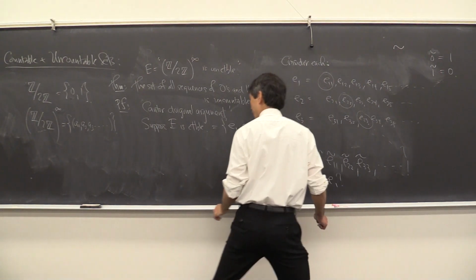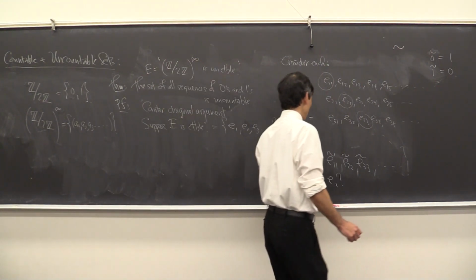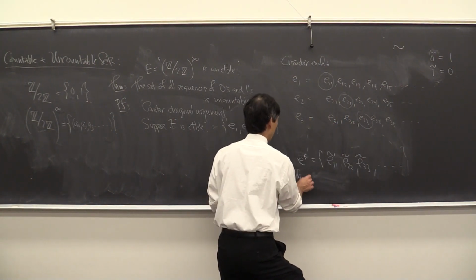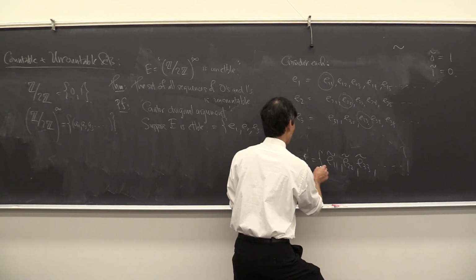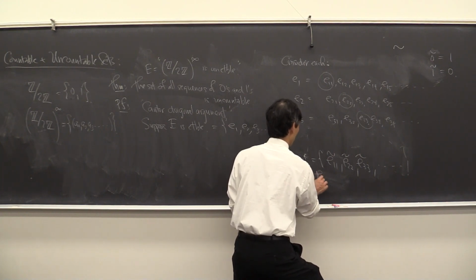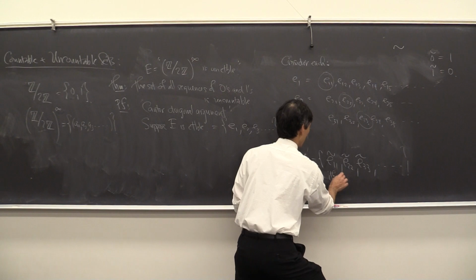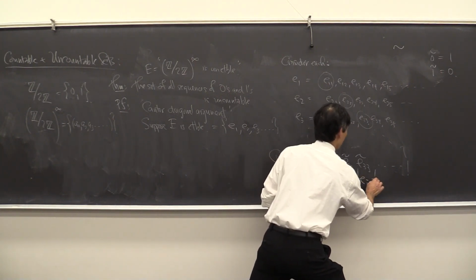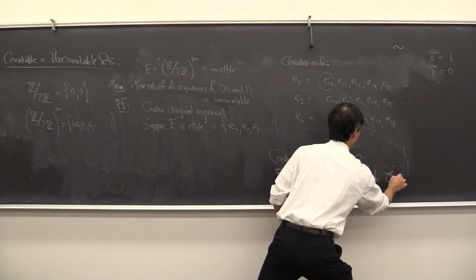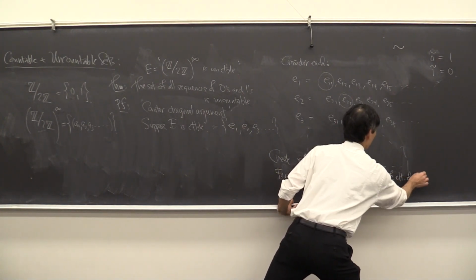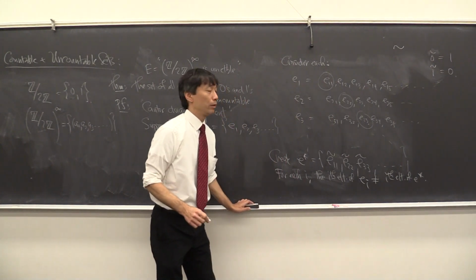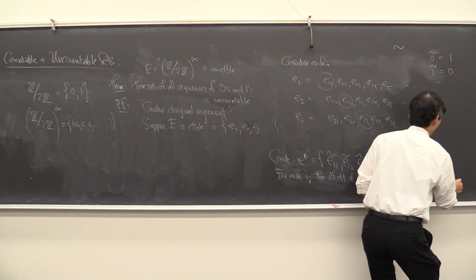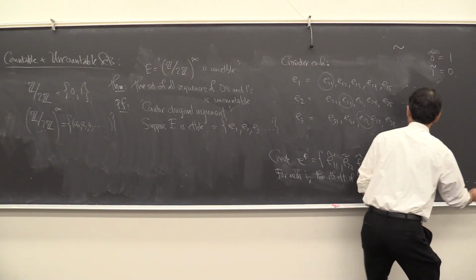So you notice that for each I, the ith element of E sub I disagrees with the ith element of E star, with I going from 1 to infinity.